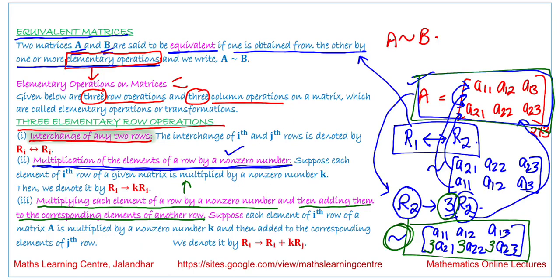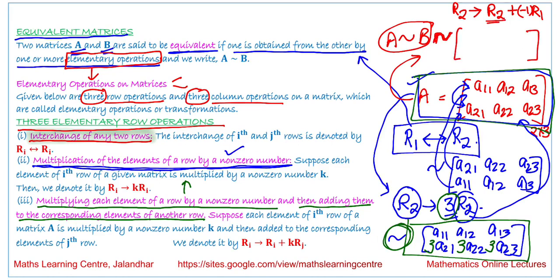Suppose we are talking about row 2 approaches row 2 plus minus 1 into row 1. What this means is that the new matrix has row 1 unchanged, A11, A12 and A13.